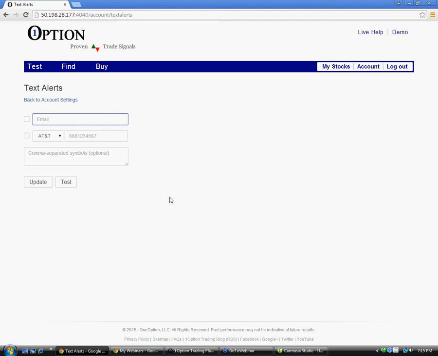It's basically an email with a symbol dump in it. Well, what you'll be able to do on the new website is to designate symbol lists so that you can go in and determine which symbols you'd like to get your alerts for. So put in your email, your cell phone number, and then put in the symbols that you would like to get your alerts for.